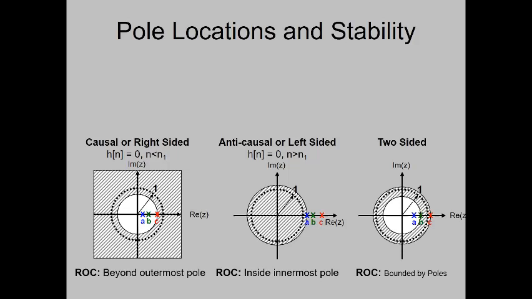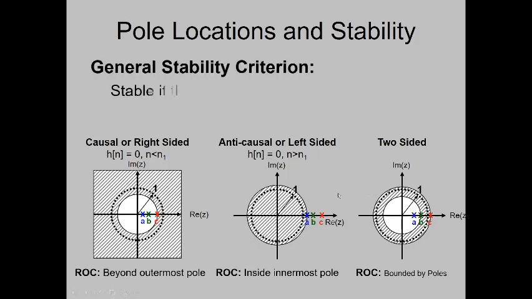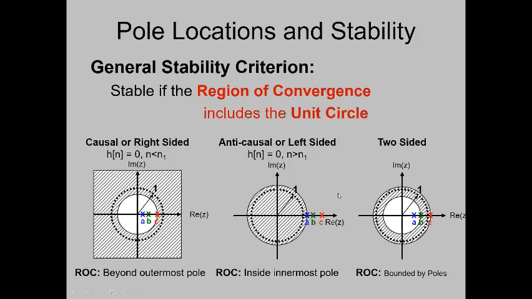It can be inside or outside, but the requirement is, as we see in all these cases, the region of convergence includes the unit circle. And so that is our general stability requirement for a discrete time system. The region of convergence has to include the unit circle. And if it does, all our requirements are met.